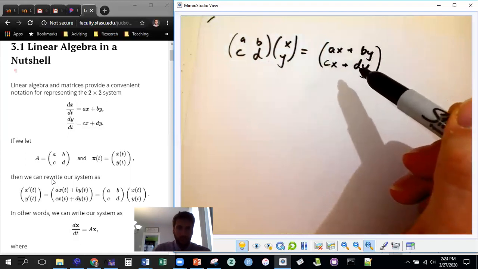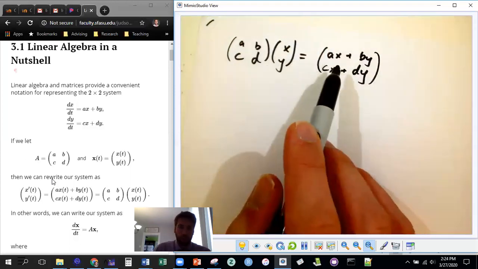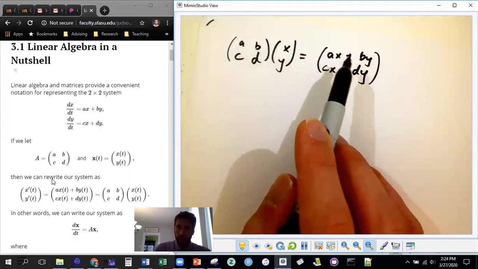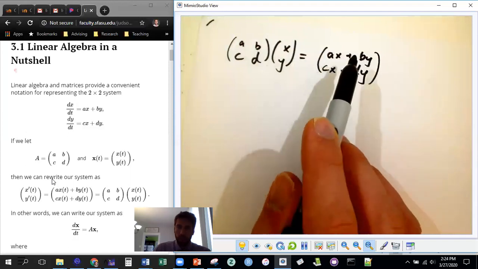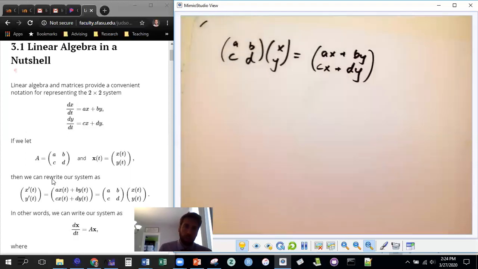Okay? And so we're using that idea. If X and Y are functions, then we can think of this as 2 new functions that match over here what our differential equation is.